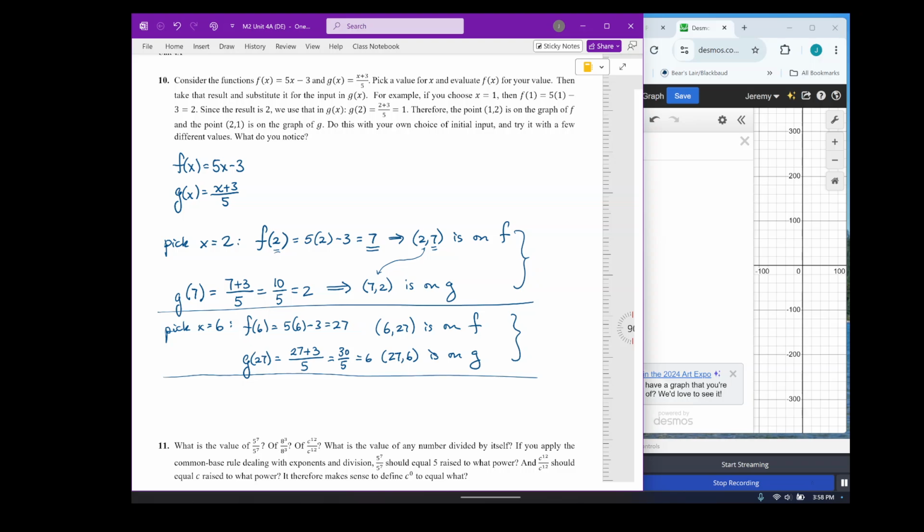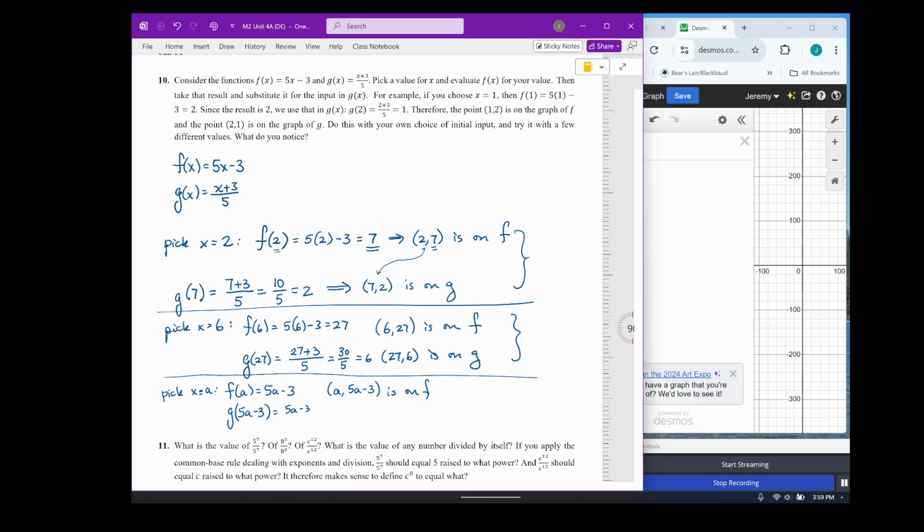So really what you do is pick x equals a, and you plug that in, and you get f of a equals 5a minus 3. So the point (a, 5a minus 3) is on f. Then we plug that into g, which is whatever's here, 5a minus 3.